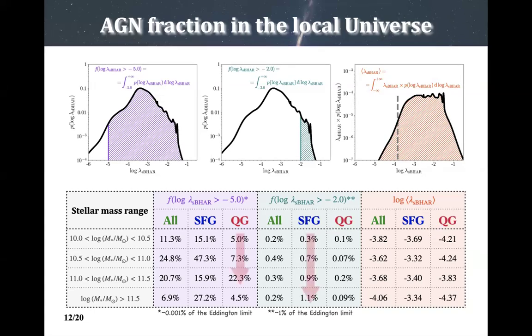Comparing with stellar masses, you don't see too many differences, but there is a quite weak increase of the fraction of bright AGN from the lowest to the highest mass for star-forming galaxies. We also detect the same increase in the entire AGN fraction from the lowest mass to the highest mass for quiescent galaxies.